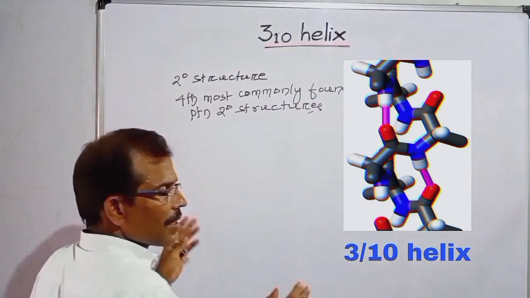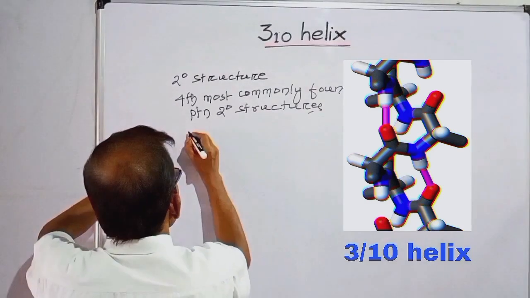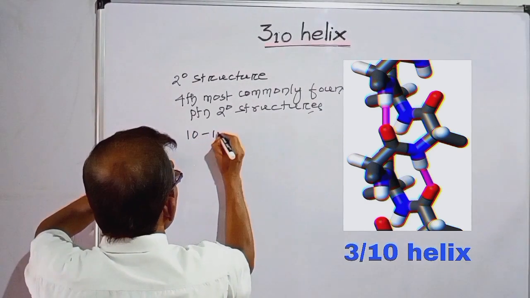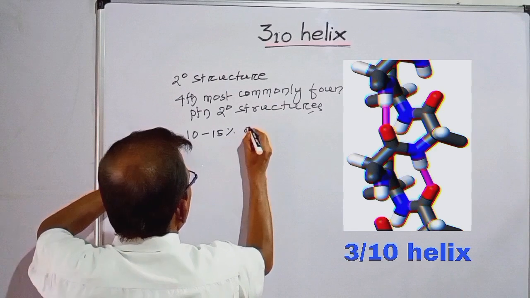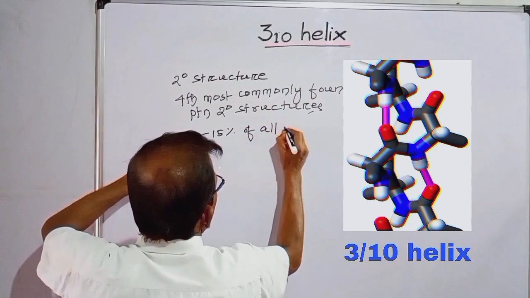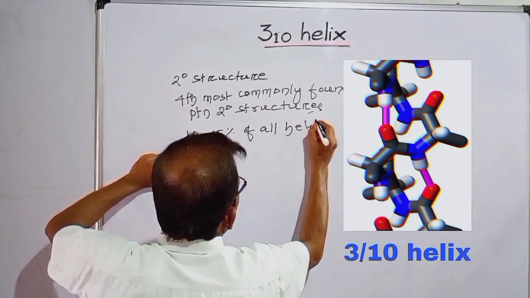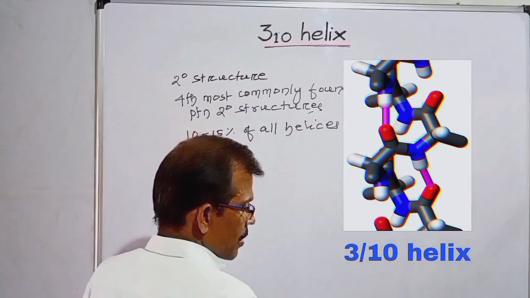The 3 by 10 helix constitutes nearly 10 to 15% of all helices that are found in protein secondary structures.